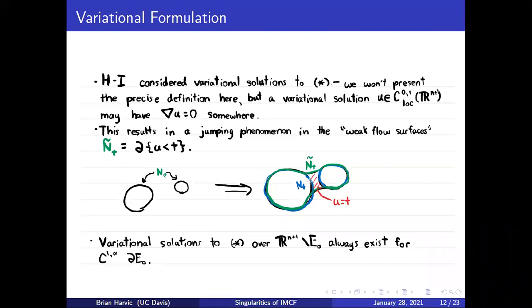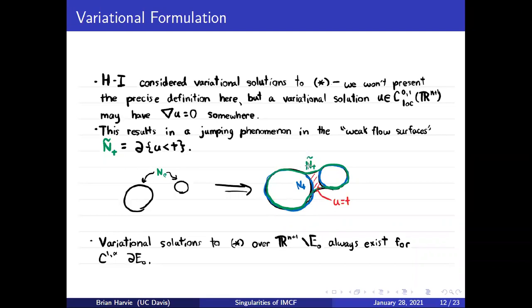And what happens when you reach that region with the classical solution is N tilde of t will jump past this constant u portion of R^(n+1) and then continue flowing. I drew this picture a little bit wrong because technically the jump doesn't happen right at the time t, it happens after the time t, but this is the picture.